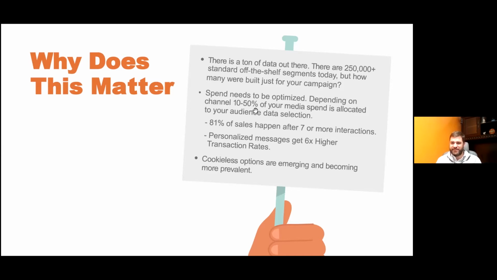But without further ado, why this matters. There really is a ton of data out there. I checked just this week on one of the most prominent data marketplaces and found that there are 250,000 unique segments available for off-the-shelf purchase. What that means is if you're looking for dentists, you probably have options.